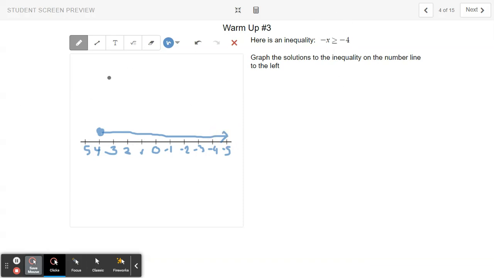So we know that x has to be less than or equal to positive 4 in order to make this true. Okay? Which might be a little bit tricky because of this negative guy.